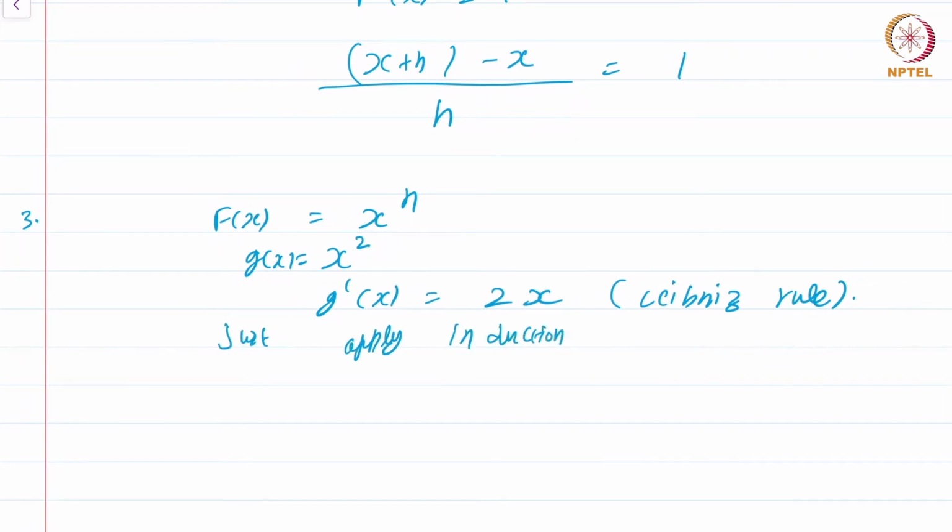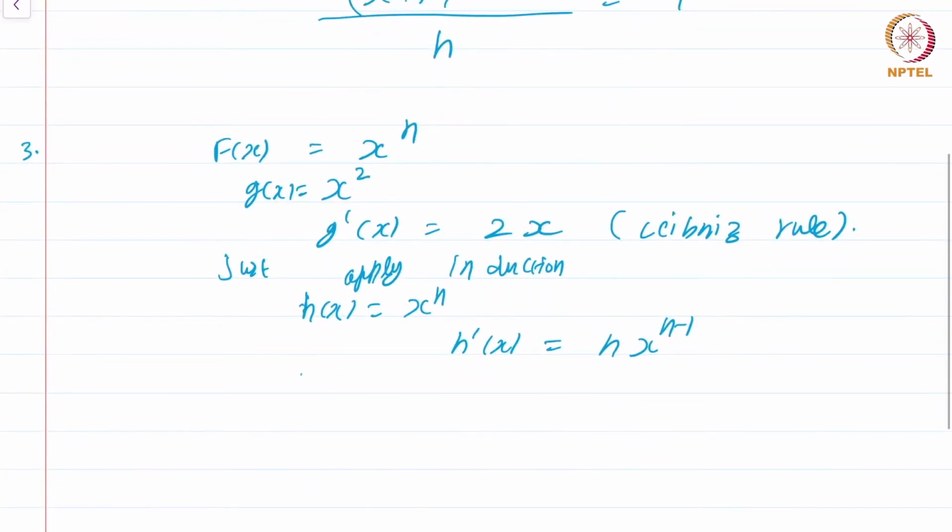That is, assume that the derivative of x power n, let's call this h of x, then h prime of x is n x power n minus 1. Then if you want to differentiate x power n plus 1, just apply the Leibniz product rule. This is just x into x power n.